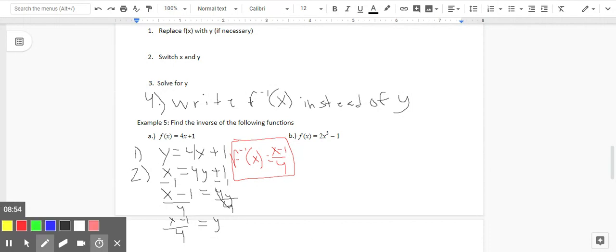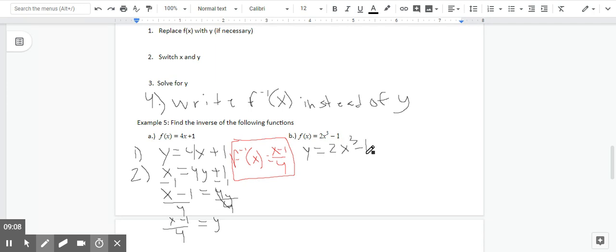To do that in a second example, we can take B. We're going to run through that same process, 1, 2, and 3, and the last step 4. The first step, replace f of x with y. Second step, switch x and y. You don't want to change anything about the equation, you just want to switch those 2 letters. Third step, solve for y.